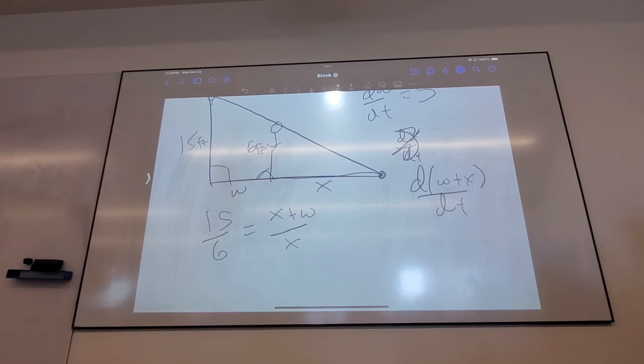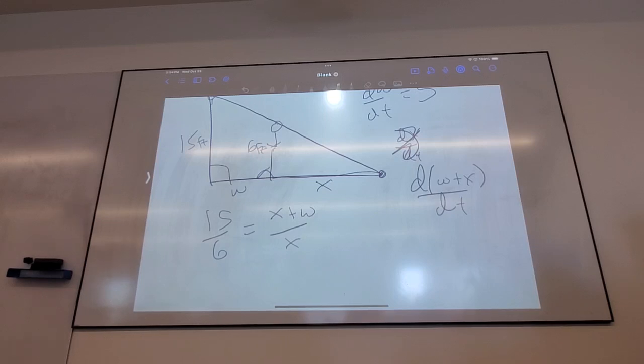We would end up in the same place. You could do 15 to W plus X equals 6 to X. Like big to big, small to small, it'll still come out the same way, because what am I going to do now? Cross multiply. So all the other ways you could set it up just involve moving those things. They would still multiply to be the same thing.